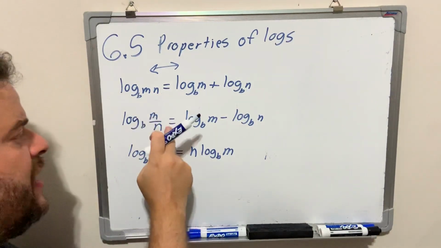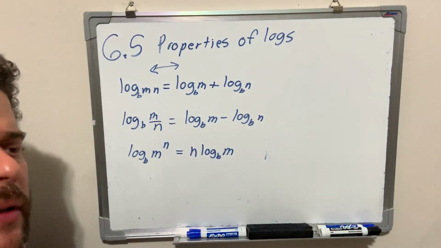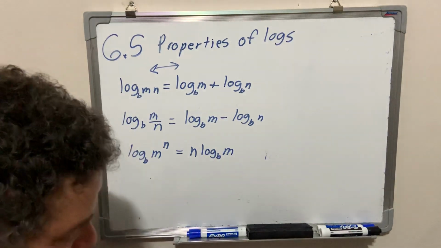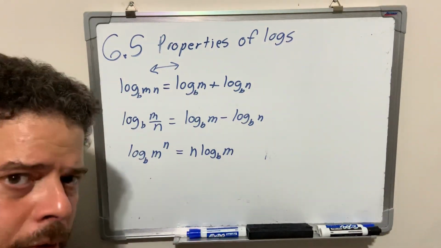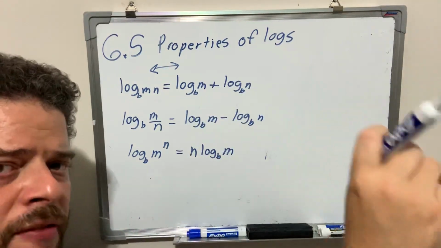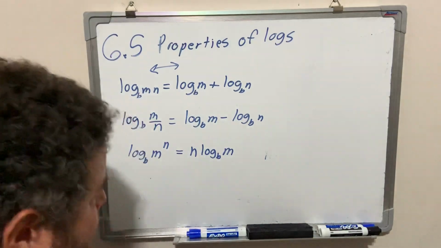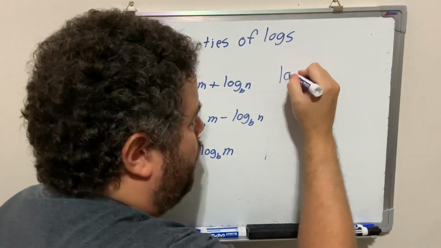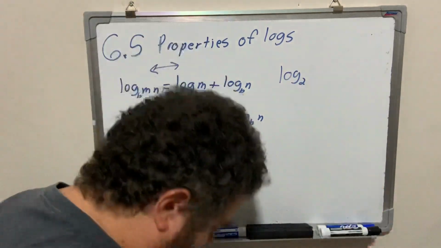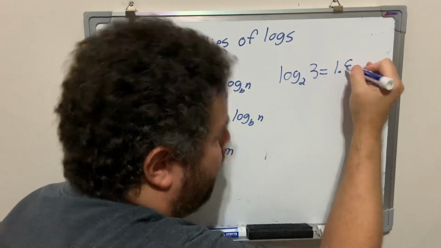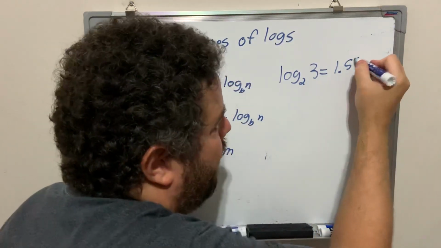I'm going to use these properties to solve all the problems that are given in example 1. Now in example 1, this is very important. They're giving you the values of certain logs. Right there in the instructions, log base 2 of 3 equals 1.585.